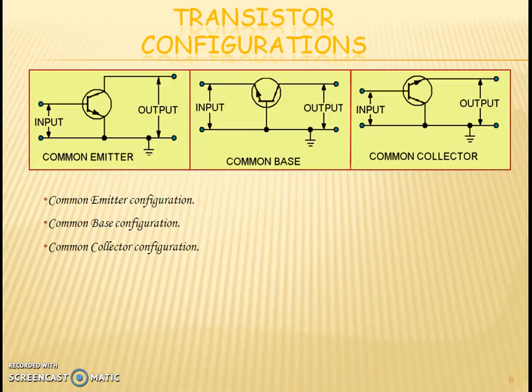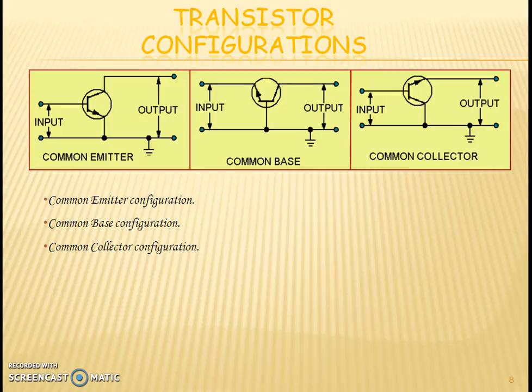Now we come to transistor configurations. A transistor has 3 terminals, as you know: emitter, base and collector. We require 4 terminals when a transistor is to be connected in a circuit, 2 for the input and 2 for the output. This is achieved by making one terminal of the transistor common to both input and output terminals.